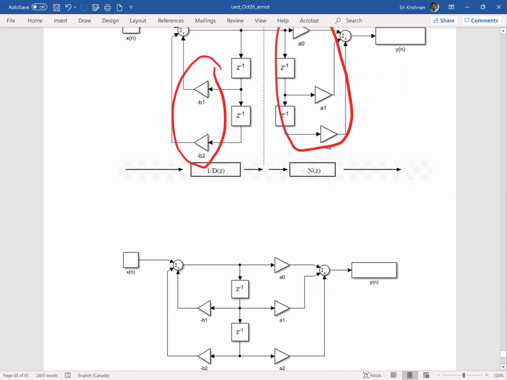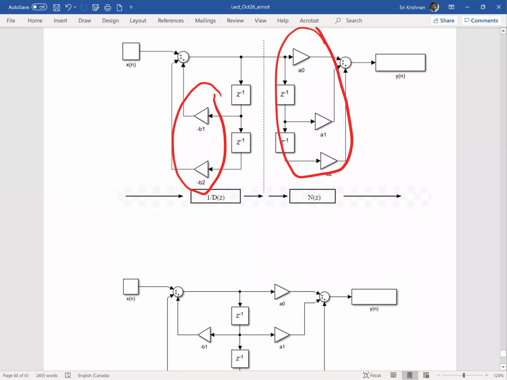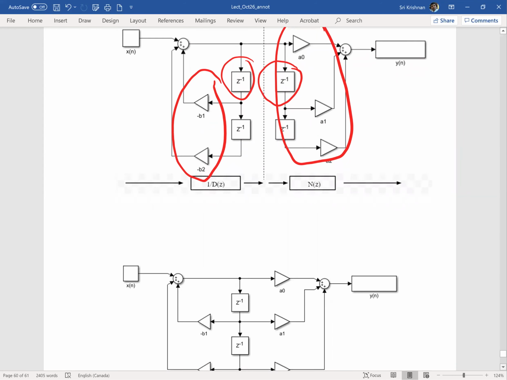Rather than having some redundant delay elements. Okay, so if you see this block, when the signal is passing through this block, it's getting delayed, and the same signal when it's going through the other block, it's also getting delayed here. So it's some kind of a redundancy in the system diagram. So why don't we combine the delay elements?